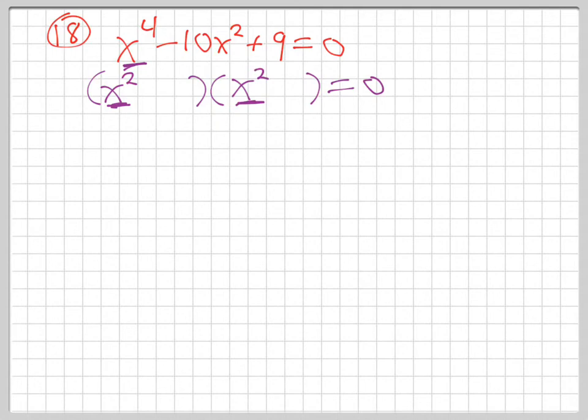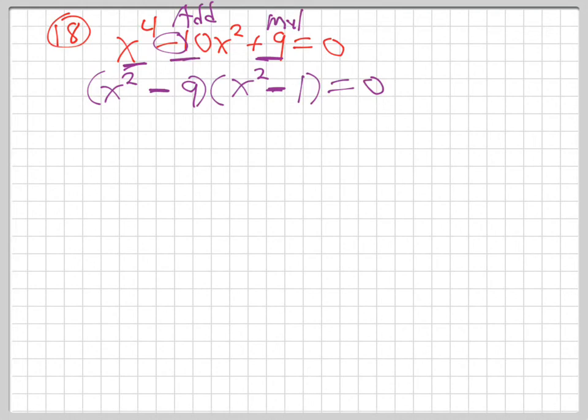Does that make sense? And then we just do the same thing we normally do, like, what multiplies to be 9 and adds to be negative 10? What times what is 9? 9 and 1. Yeah, 9 and 1. And what signs do they need? The sign in the middle always goes on the bigger. And the other one can be plus or minus depending on what we need. It's got to be negative also, because two negatives will multiply to be positive 9, and they'll make negative 10 in the middle.